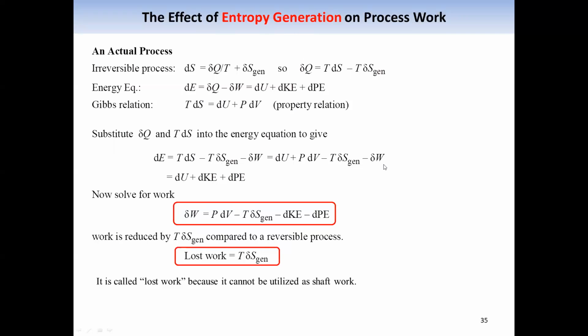Rearranging and solving for dw, we get this equation. If we compare this equation with the equation we saw for the reversible process we discussed in chapter 3, the only term which is different is this term, T dS generation.